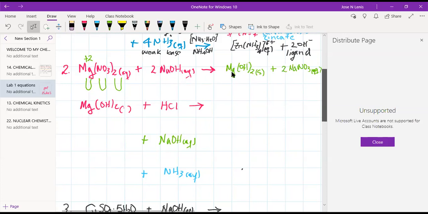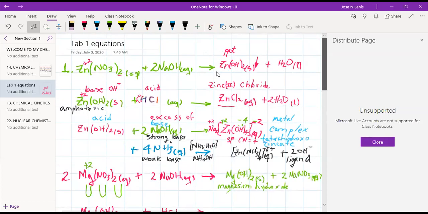So we get the insoluble magnesium hydroxide. Notice that I'm not saying magnesium(II). There's no need to say magnesium(II) hydroxide; we just call this magnesium hydroxide. Notice that in the first one, we called this zinc(II) hydroxide. Why? Because this is a transition metal.